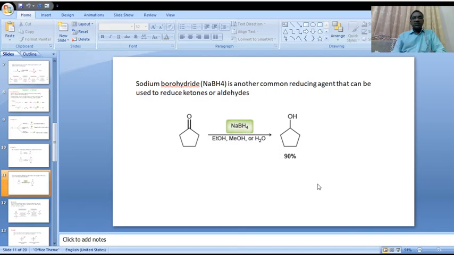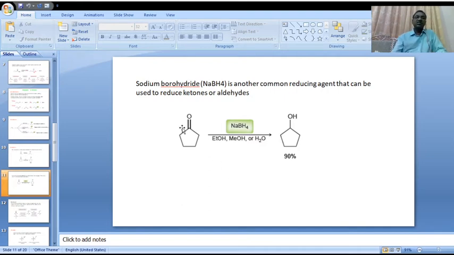Now let us go to another reducing agent, sodium borohydride. Sodium borohydride is another common reducing agent that can be used to reduce ketones and aldehydes.